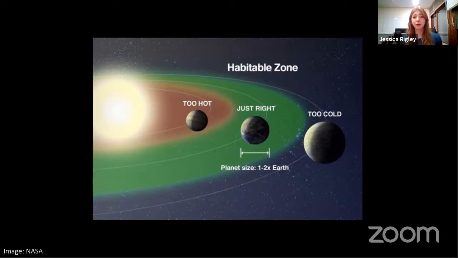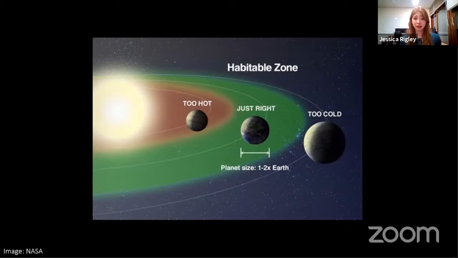And so this is sometimes called the Goldilocks zone, because the idea is it's not too hot, it's not too cold, it's just right. For example, in our solar system, we're quite lucky on Earth in that we sit smack bang in the middle of our habitable zone, which means we have the perfect conditions to have liquid water.